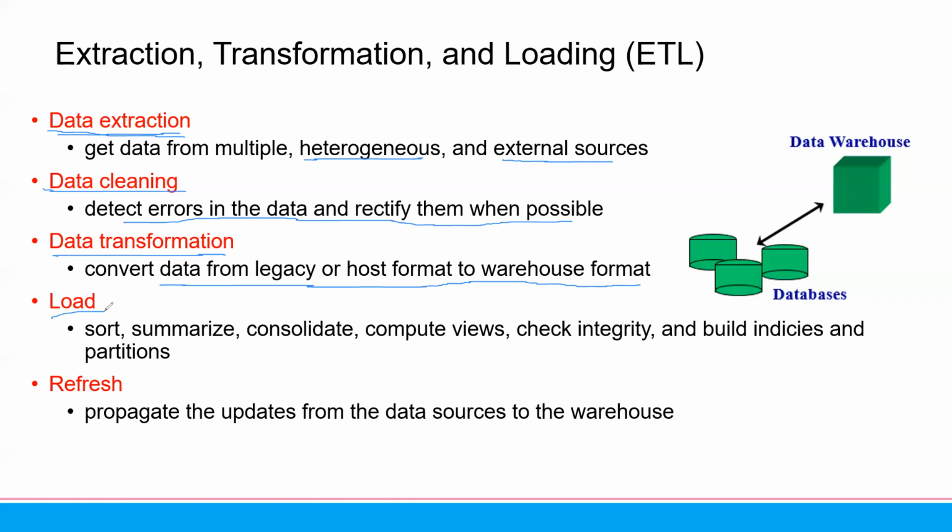Load: it is to sort, summarize, consolidate, compute views, check integrity, and build indices and partitions. So that's why we have extraction, transform, load. After we load, we will get the data that fits for analysis.